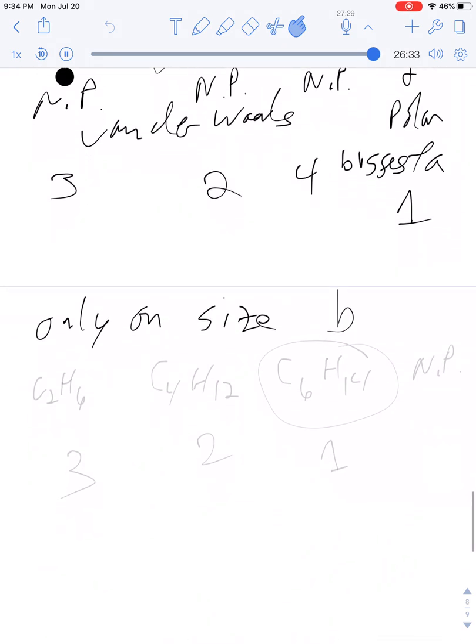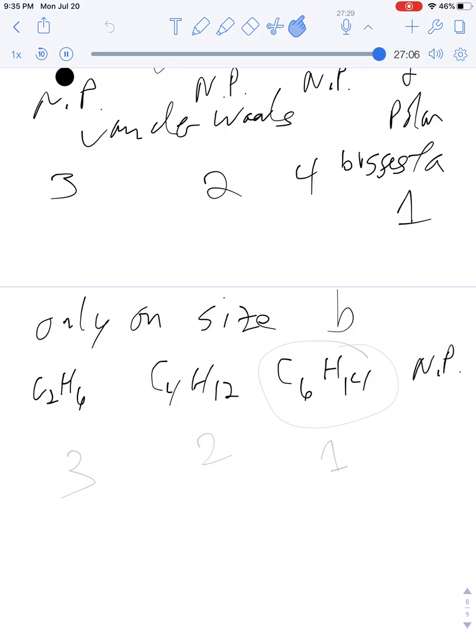So like if we had C2H6, C4H10, C6H14, these are all nonpolar molecules.